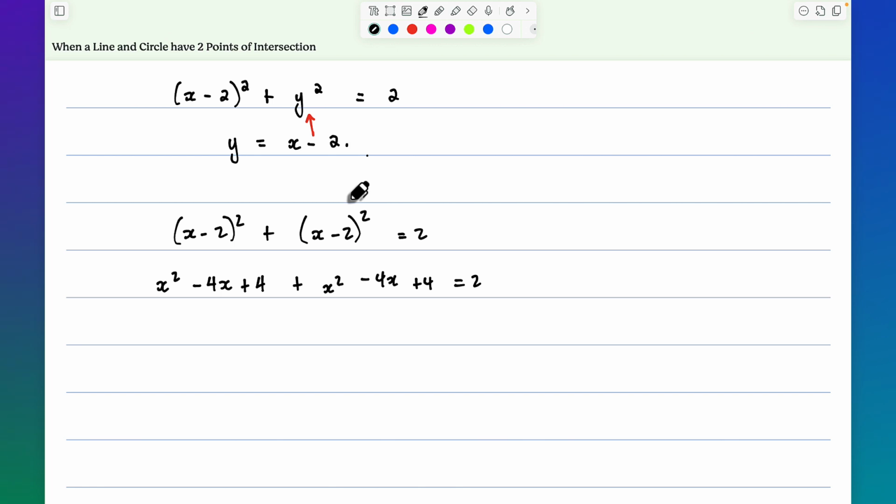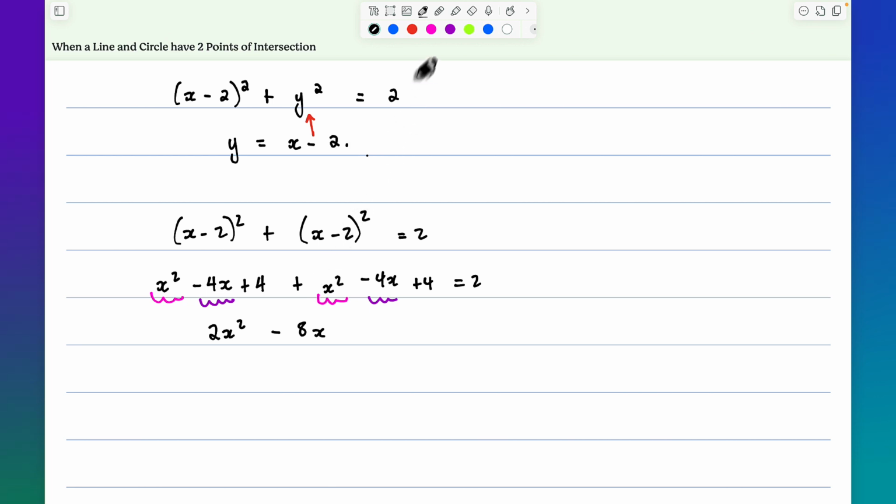And then we group our like terms. We take all our x² terms, so x² plus x² gives you 2x². Next, we take our x terms: negative 4x minus 4x gives you negative 8x.